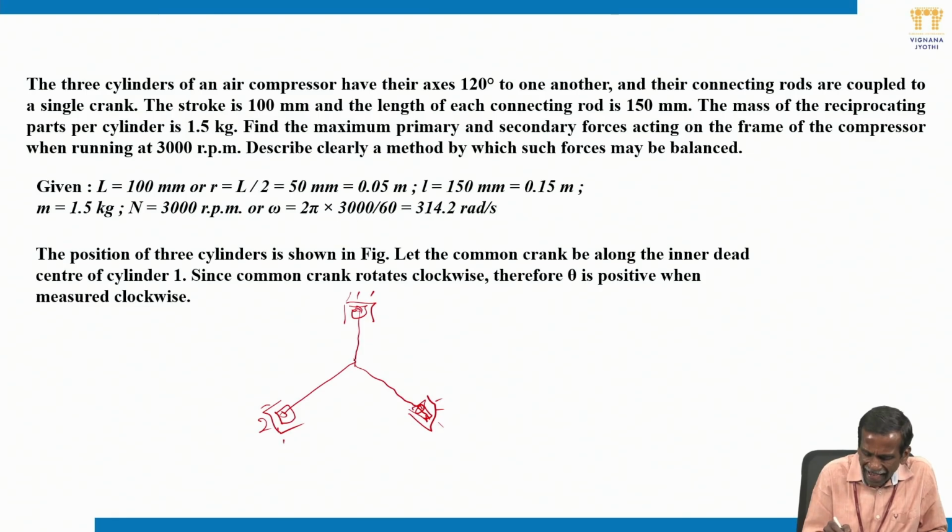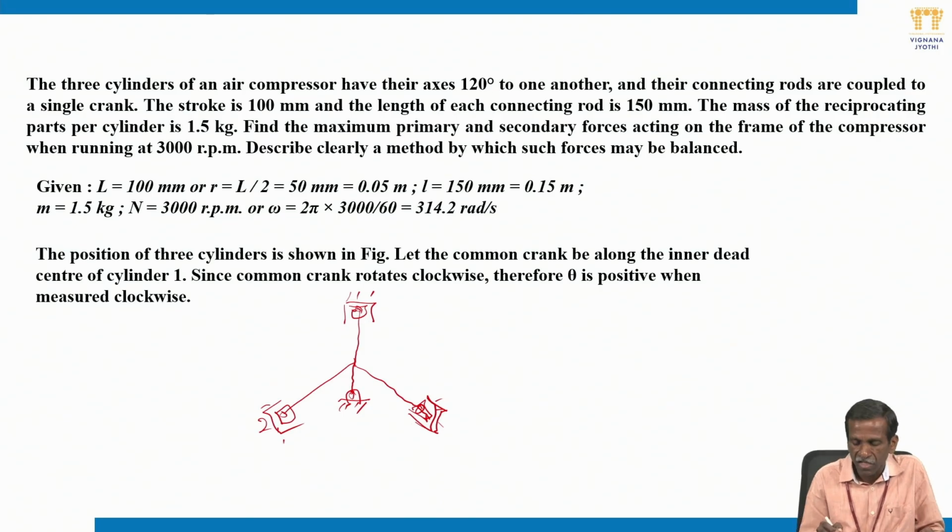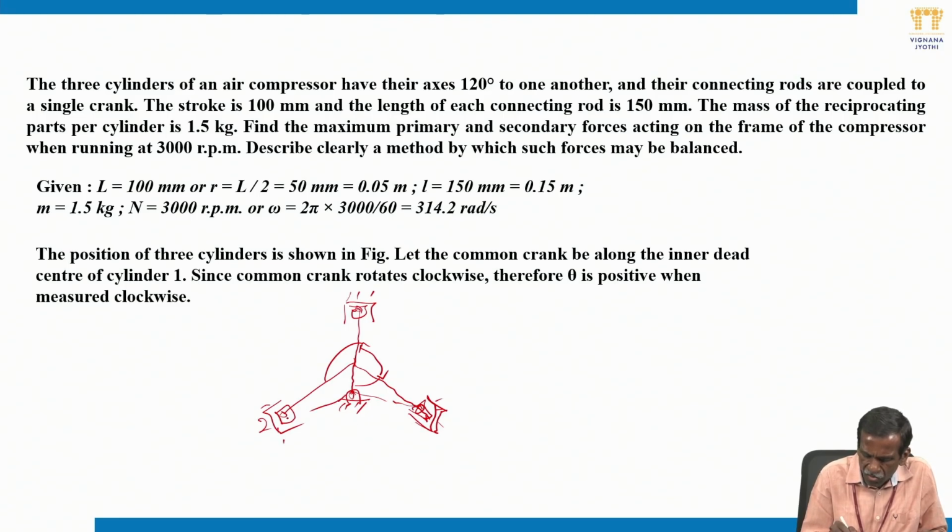Then the cranks of these three, it is a radial engine, which means obviously the crank is single and it is attached to the shaft and rotating. This is 120 degrees, you know, 120 to each other. These are the cylinders, the center lines of cylinders. You have seen, this is one, this is two, the third one, the center lines of cylinders.